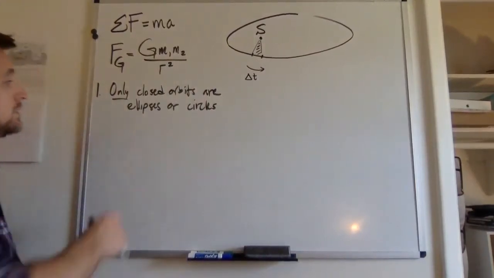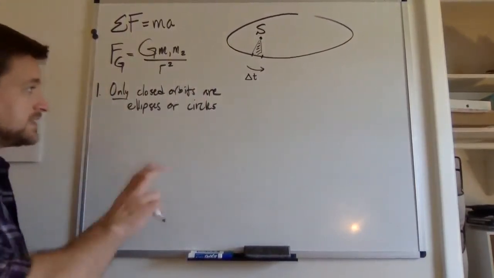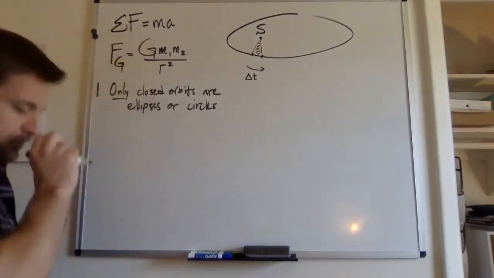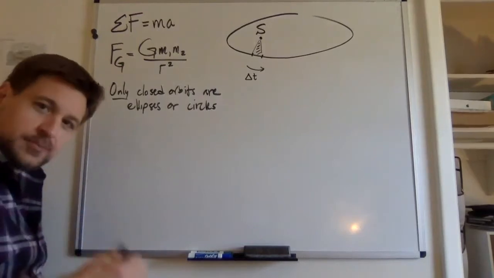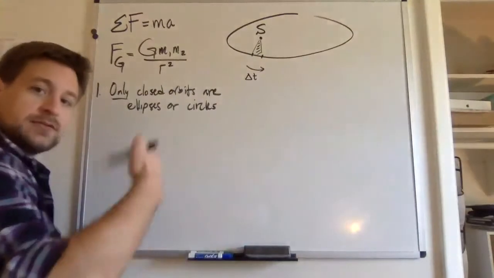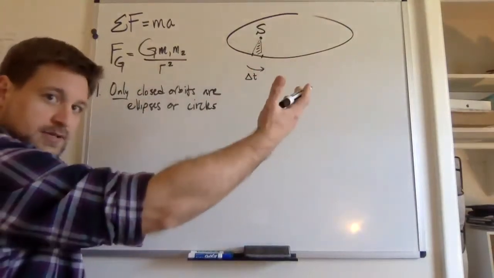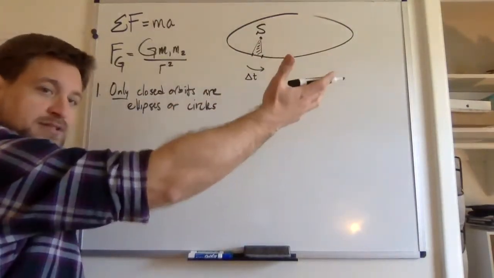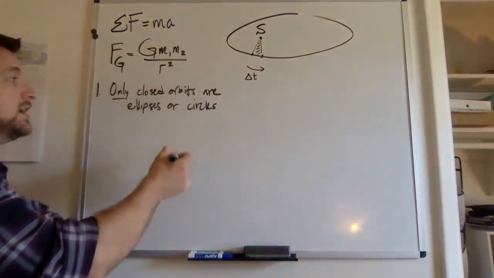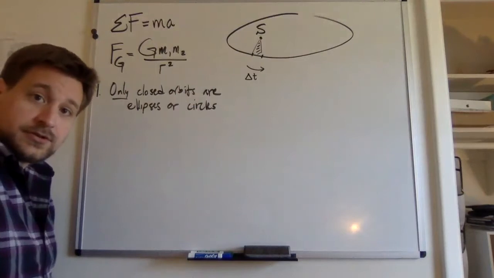Just trust me that Newton was able to show in his paper that if these things are true, the only possible stable orbits, in other words, a shape that is periodic and returns to itself exactly like we observe planetary orbits to be, the only possible stable closed orbits are ellipses or circles.